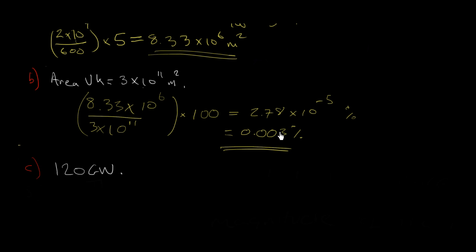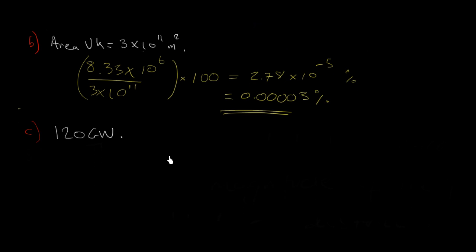And so this would have 2 more zeros here, and this needs to be corrected also. 0.00, that's 4 zeros in total, need a fifth one, 5, and then 3%. Okay, so it's a tiny percentage of the area.